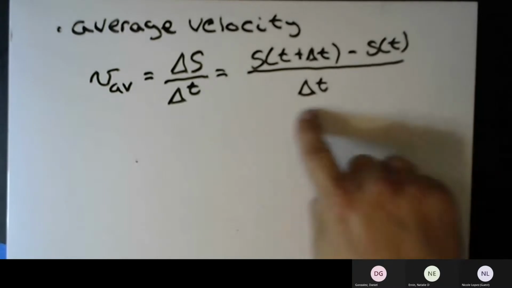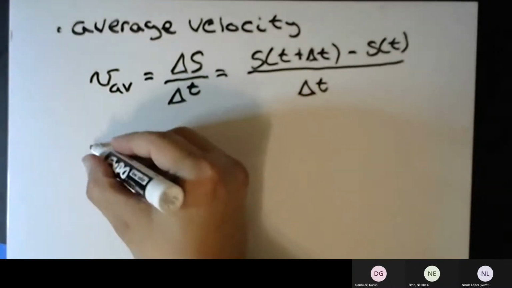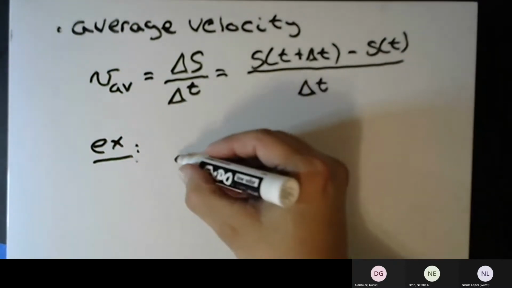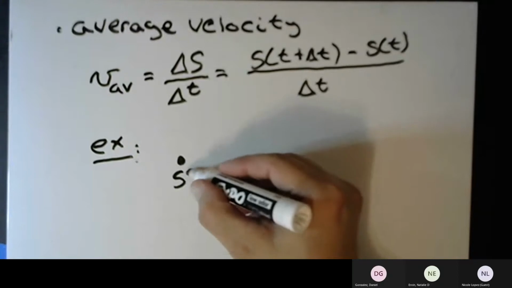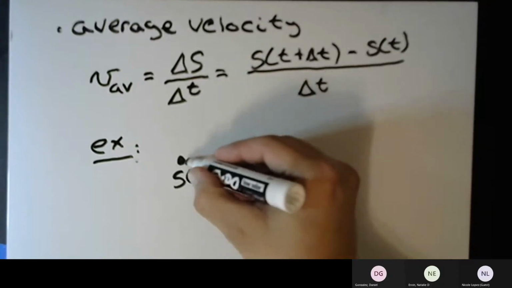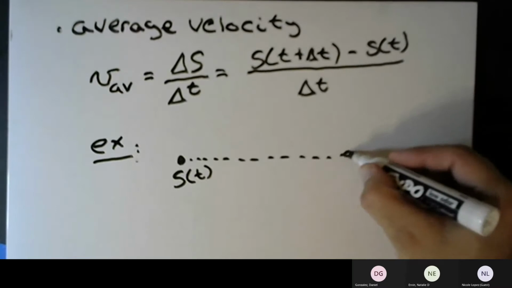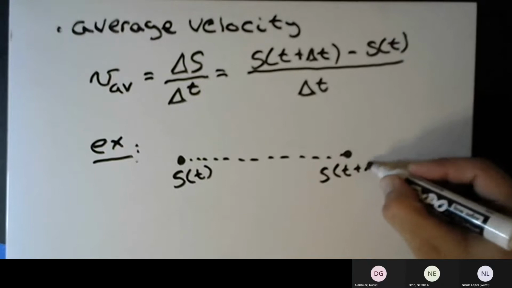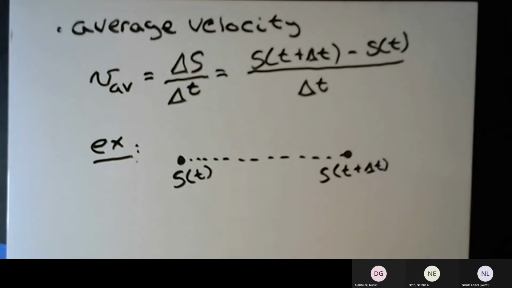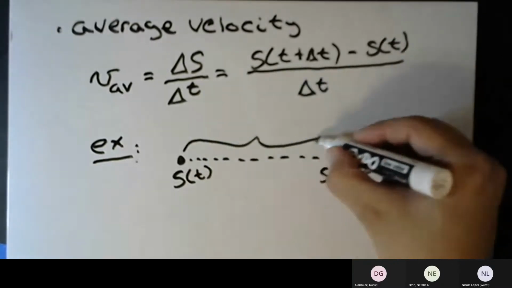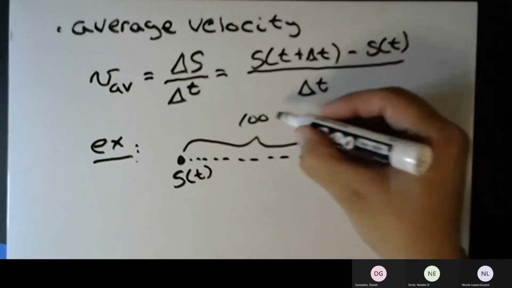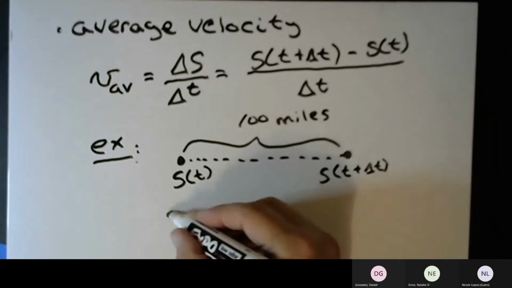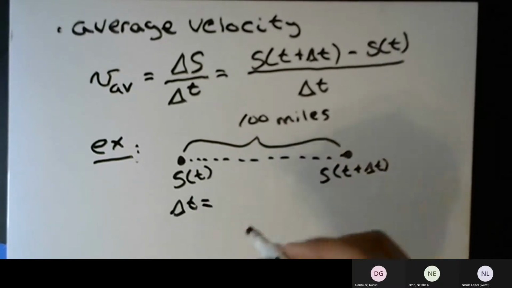So for example, let's say you have S of t and S of t plus delta t, and let's say this is 100 miles, and delta t is 2 hours.